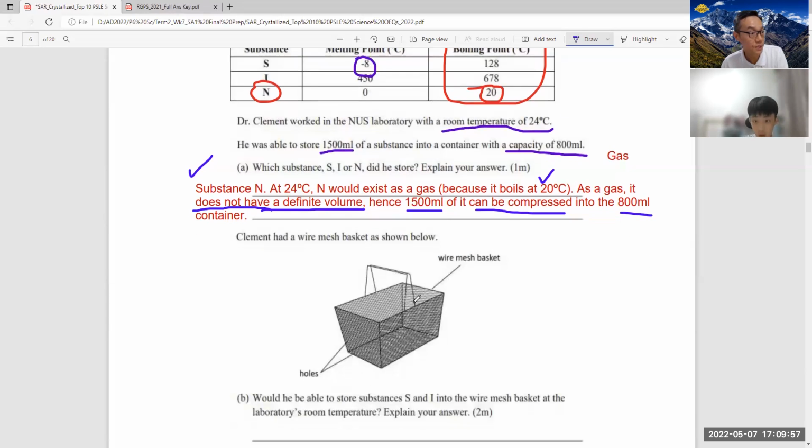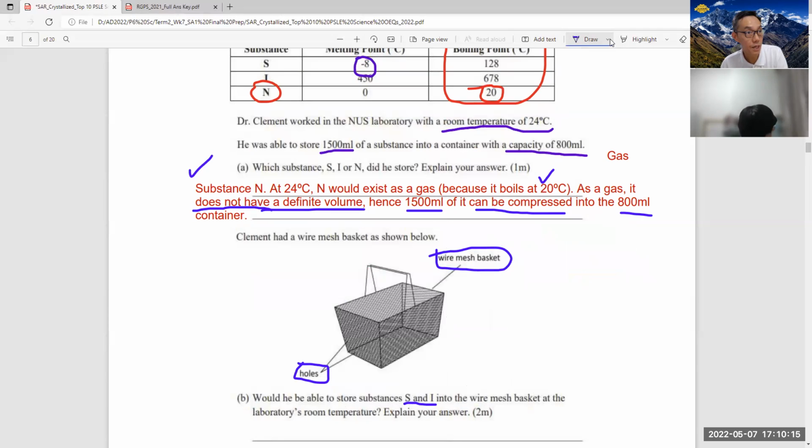Next question. Look at this wire mesh basket. It has holes. Would he be able to store S and I? There were 3, and now they narrow down to 2, into the wire mesh at the laboratory's room temperature.